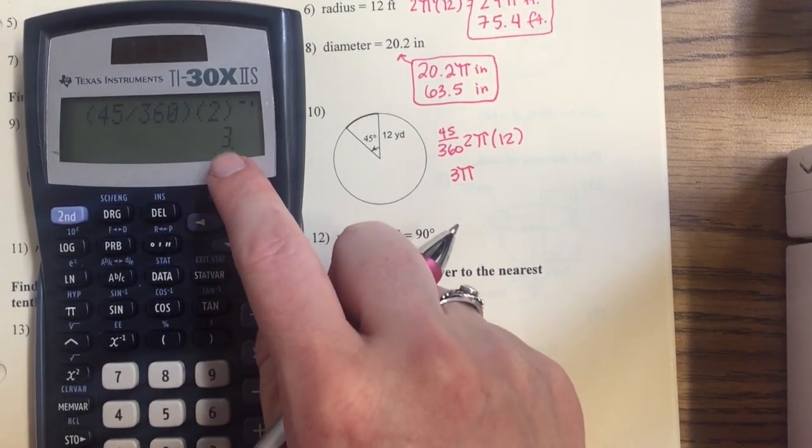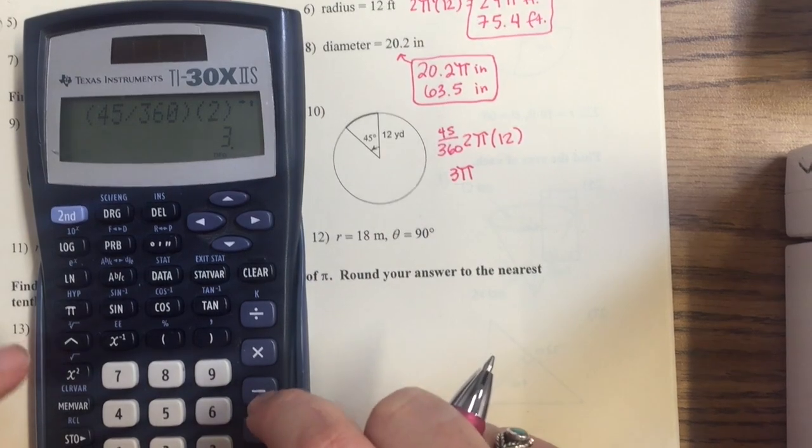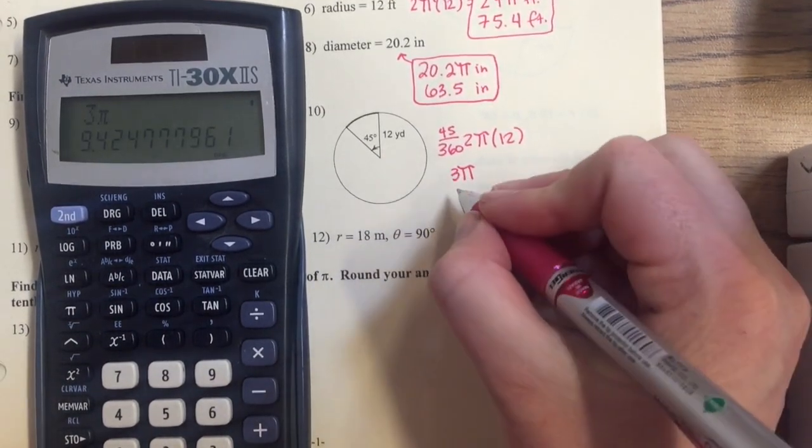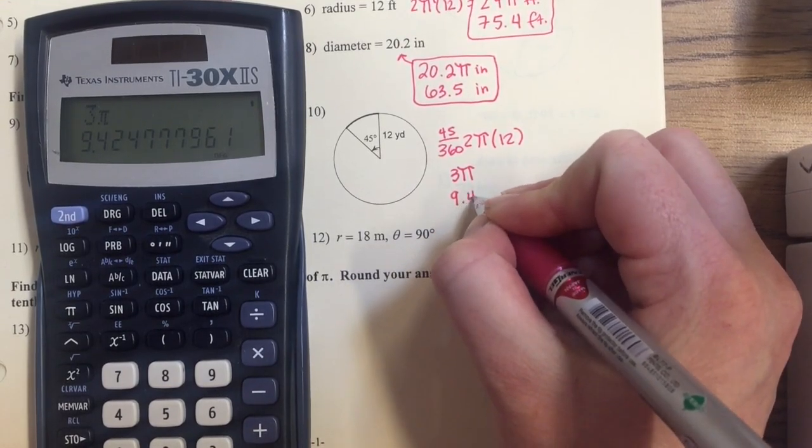I don't have to worry about a fraction because there's not a decimal. I enter in 3 pi. Enter. My decimal is 9.4.